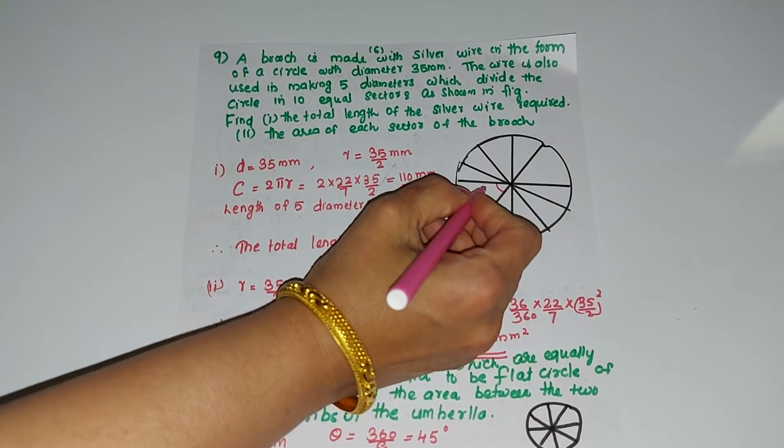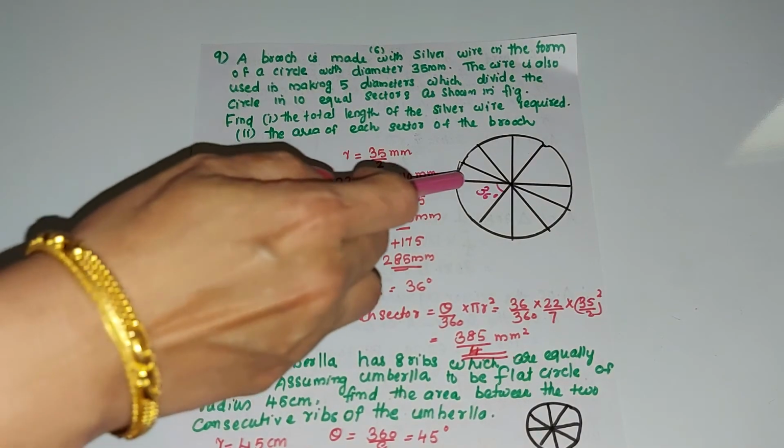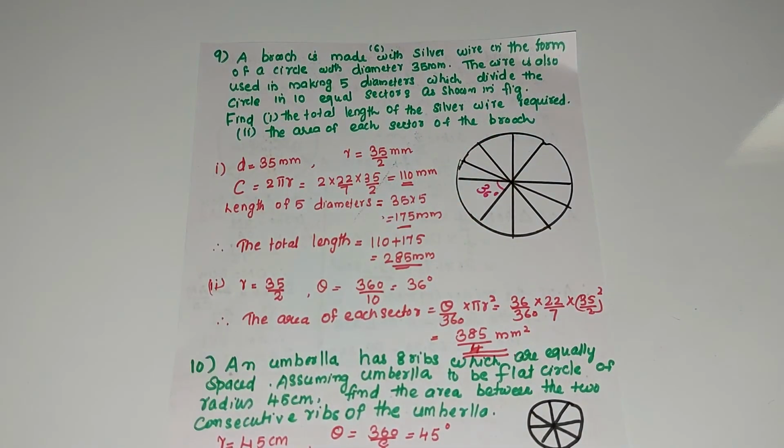So each sector of the brooch is 36 degree. The area of this sector equal to theta by 360 into pi r square, equal to 36 by 360 into 22 by 7 into 35 by 2 the whole square, equal to 385 millimeter square.